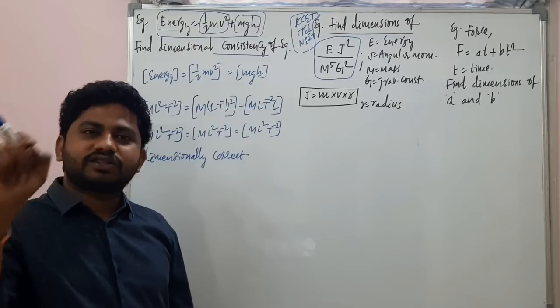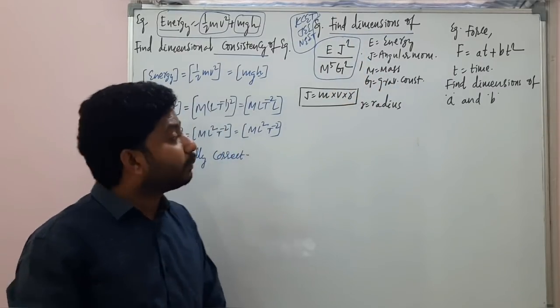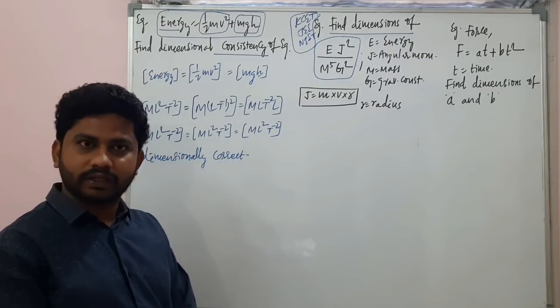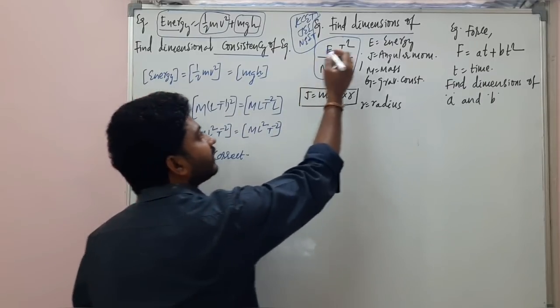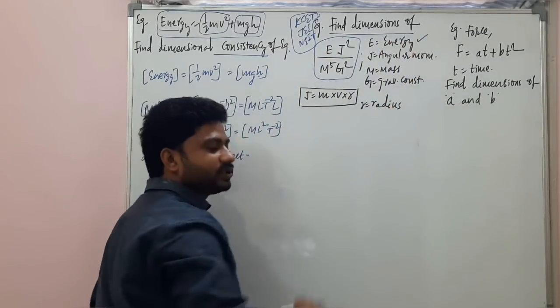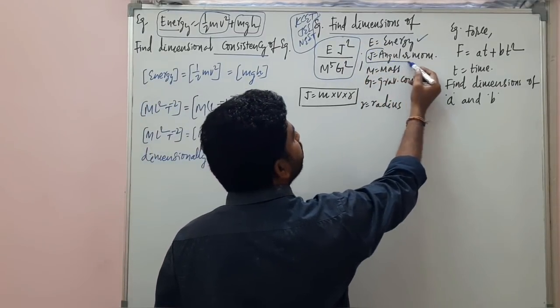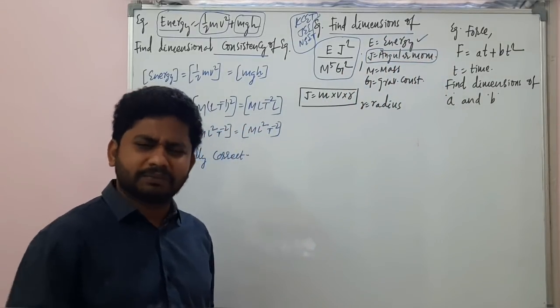Where E is energy, you know the energy dimensions. J is angular momentum. The momentum dimensions you know, but angular momentum dimensions you don't know yet. Keep it aside.